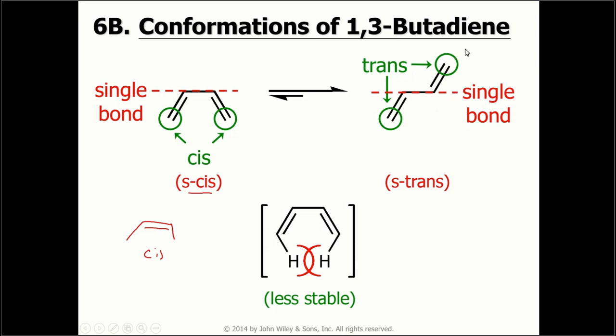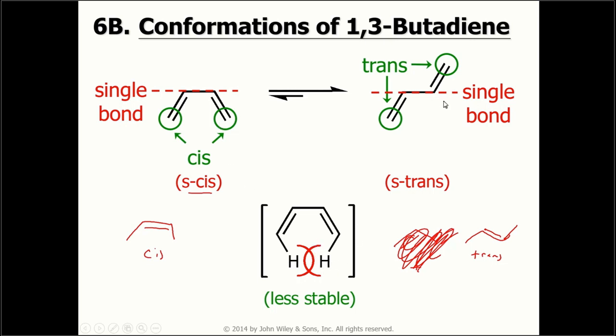And you can see that this S-trans conformation is going to be more stable than the S-cis conformation, the same way that a trans double bond was more stable than a cis double bond. And that has to do with the steric interaction of these hydrogen atoms, or whatever groups might be present here, as you bring these two bonds to the same face of the molecule.